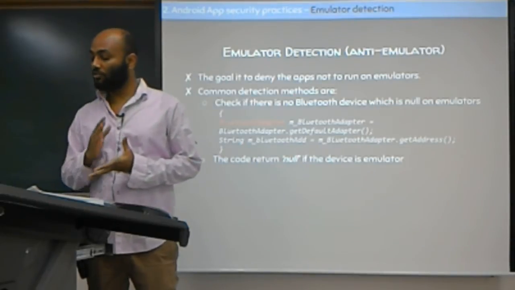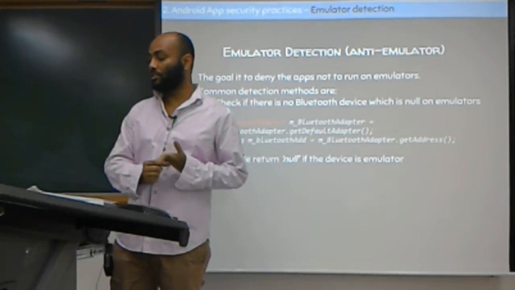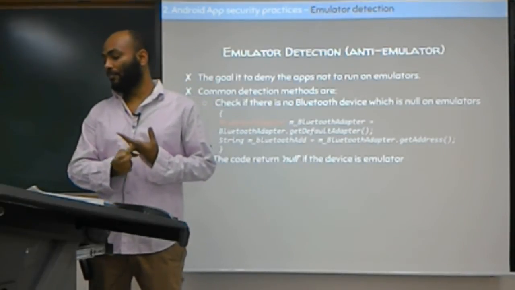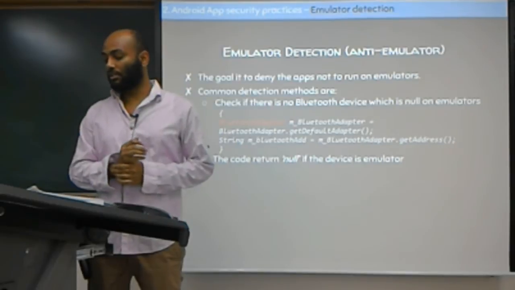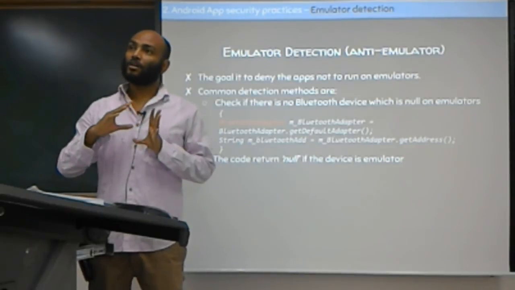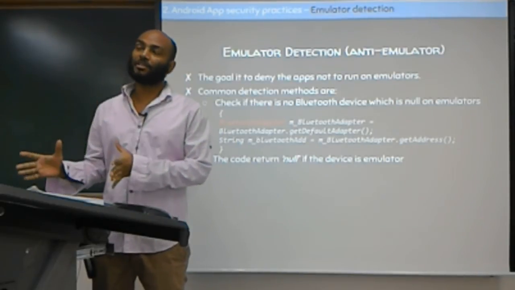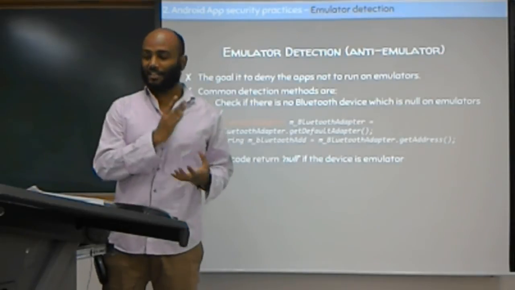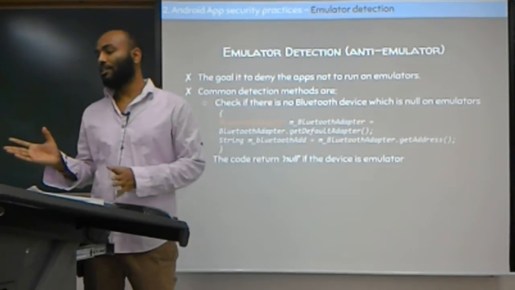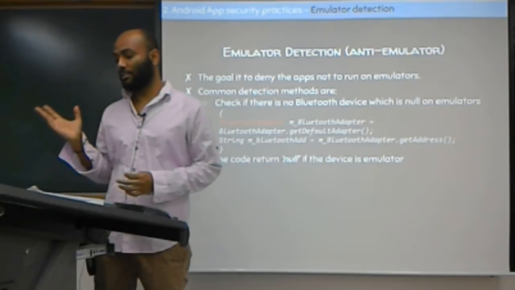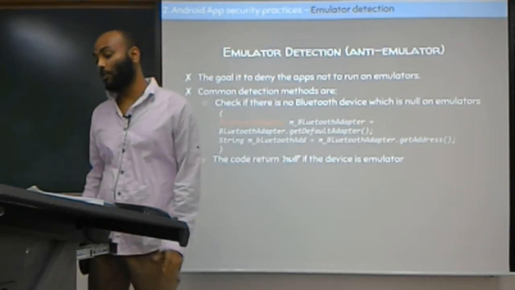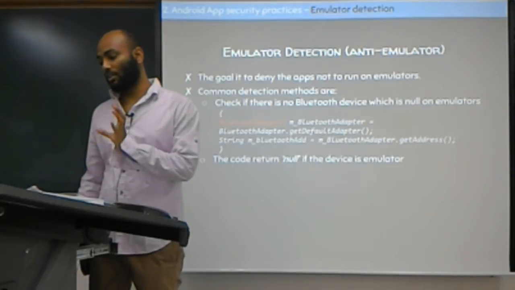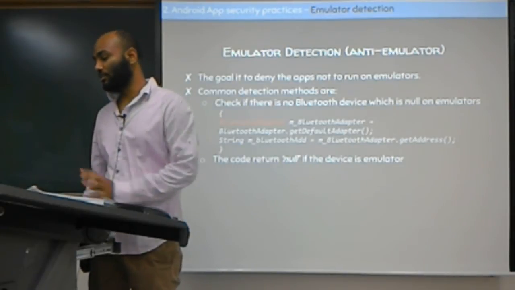Running the application on an emulator makes the attacker's or reverse engineer's job easier when using methods to attack the application. If it is your application and somebody else is running it on an emulator, we can suspect that the attacker or someone else is interested in your application. So we have to check for emulator detection.